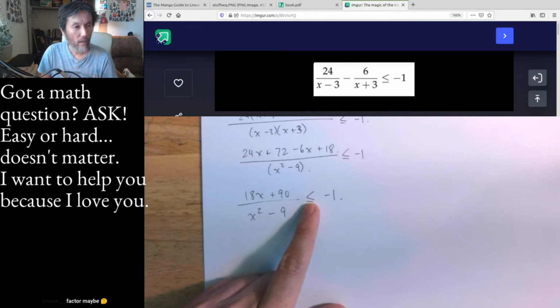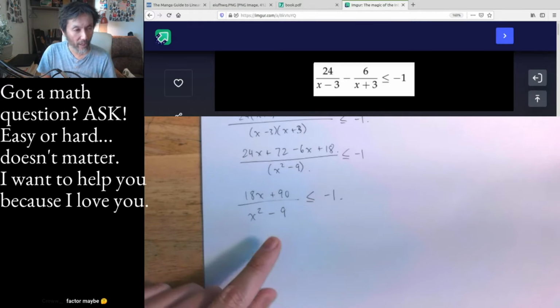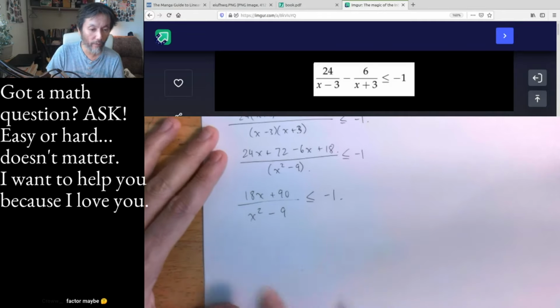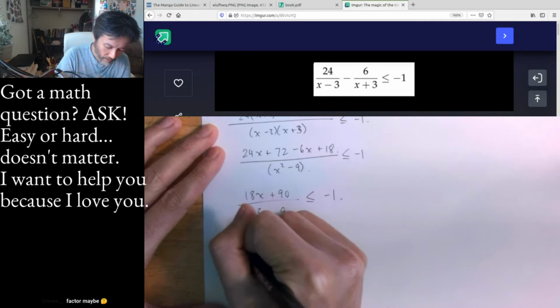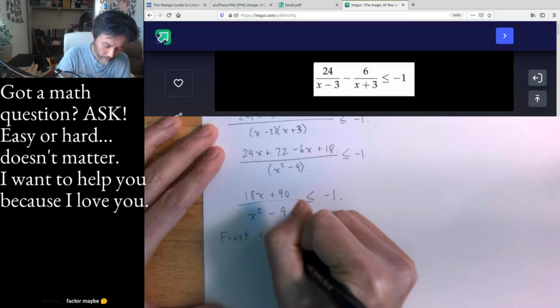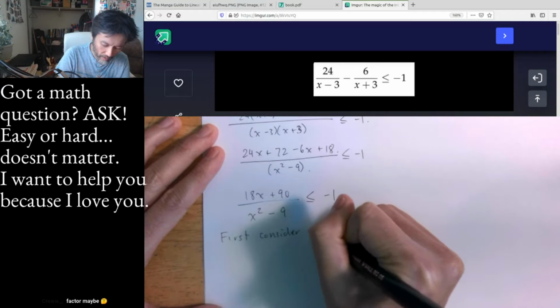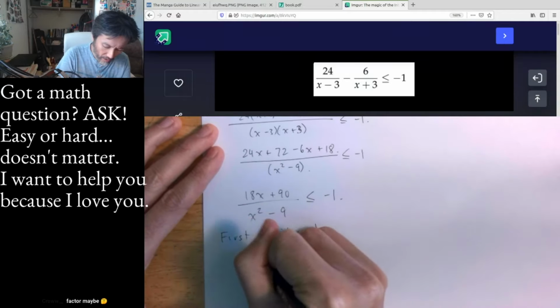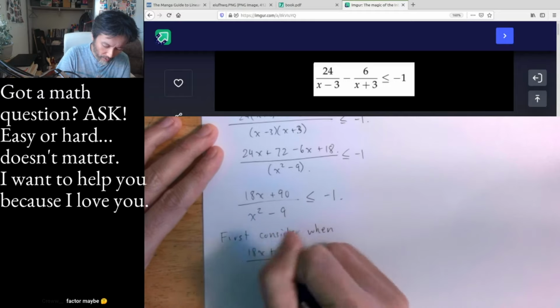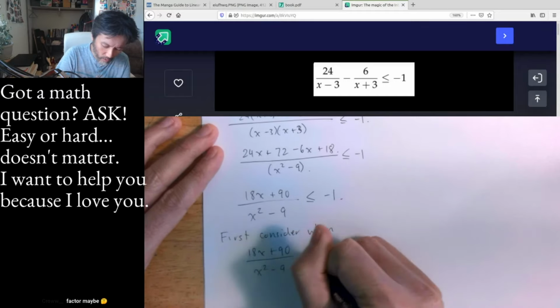But for now, we're going to first consider when 18x plus 90 over x squared minus 9 is equal to -1.